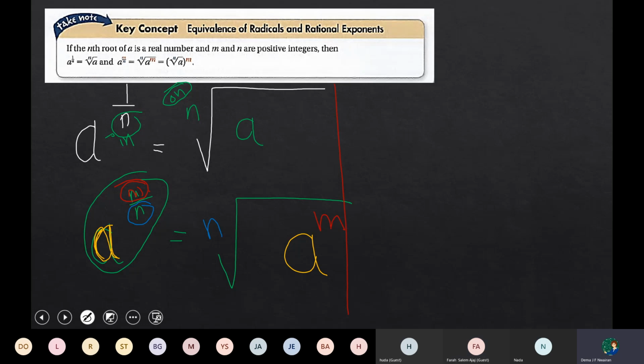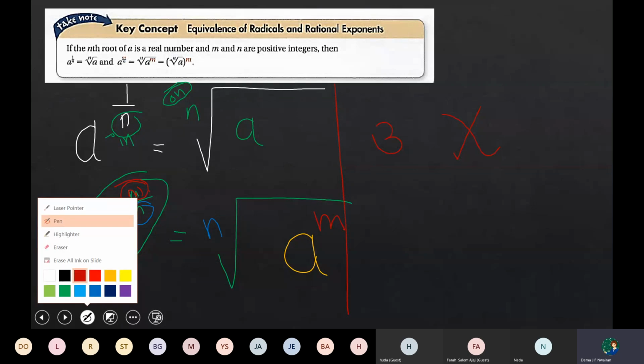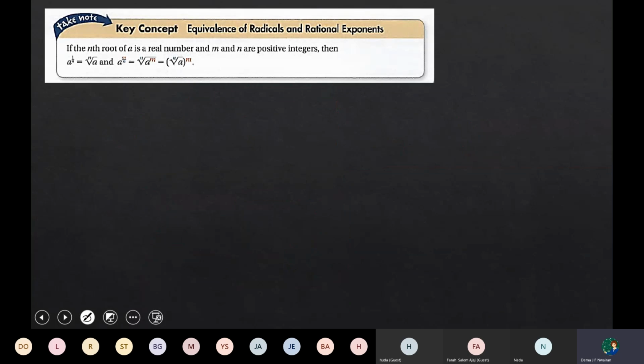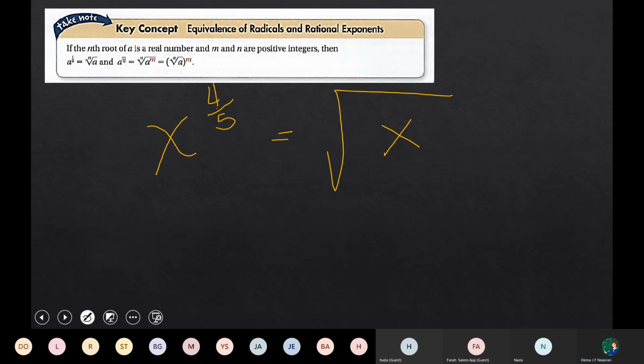Let's have an example. 3, x. Let's write with another color. x to the power 4 over 5. How can we write it? The first step, put the variable x under the root. Then the number that is written down, put it up.